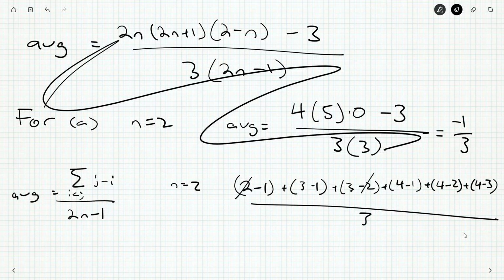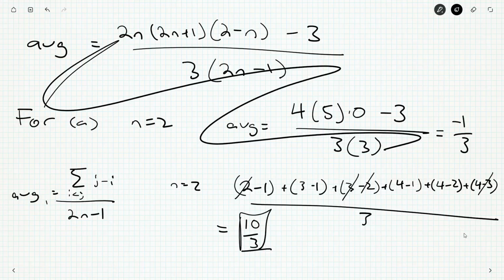The 2 and this 2, this 3 and this 3. So we'll be left with negative 1 plus 3, which is 2, minus 1, which is 1, plus 4, which is 5, minus 1, which is 4, plus 4, which is 8, minus 2, which is 6, plus 4, which is 10. So I get 10 over 3, and that is a much more respectable answer for the A part.